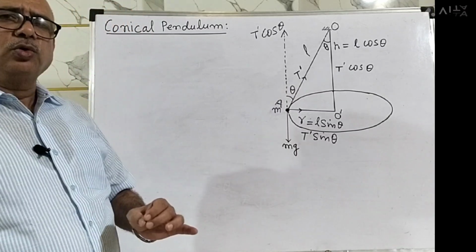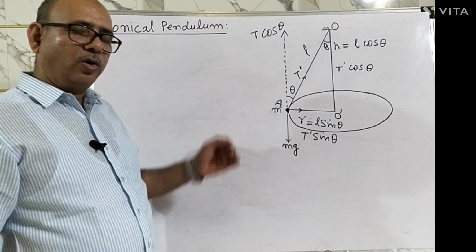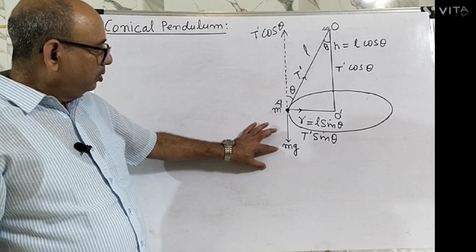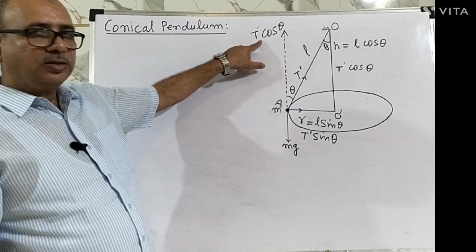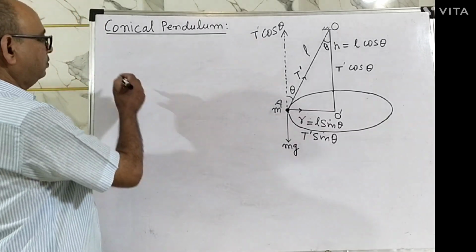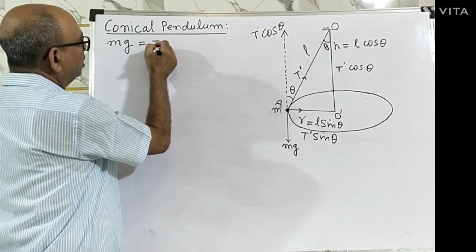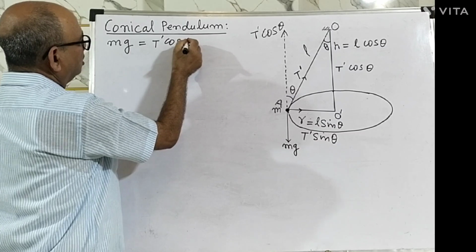Since there should be no vertical force acting on this bob, that means the mg must be balanced by T dash cos theta. That means first we will get equation mg is equal to T dash cos theta.